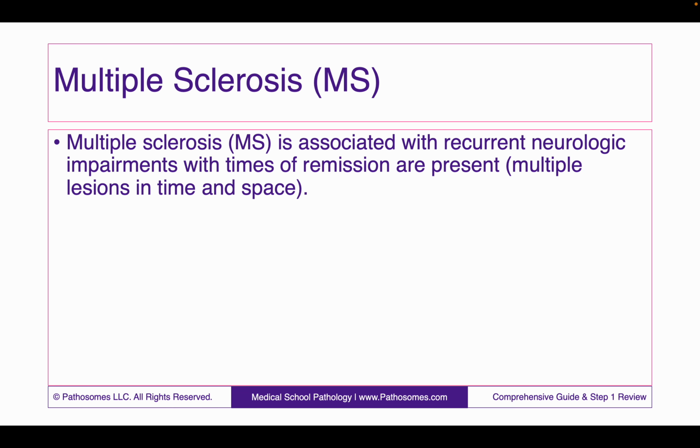Multiple sclerosis is also associated with recurrent neurologic impairments with times of remission that are present. So there are multiple lesions that are present in time and in space.